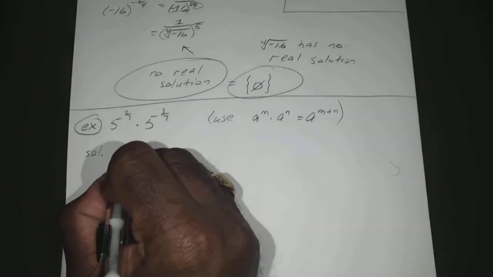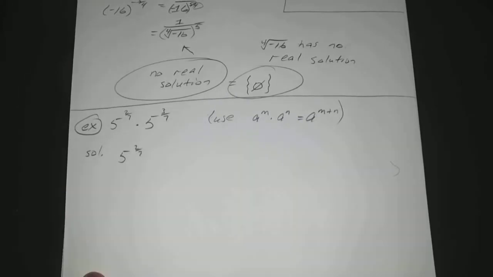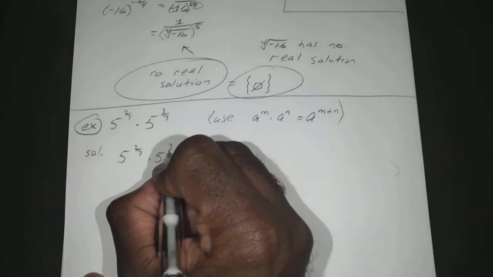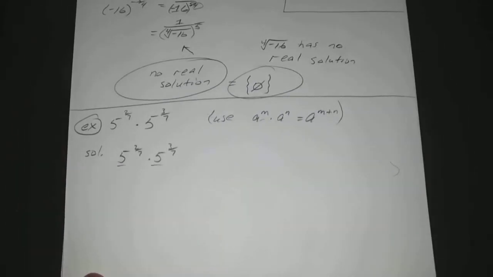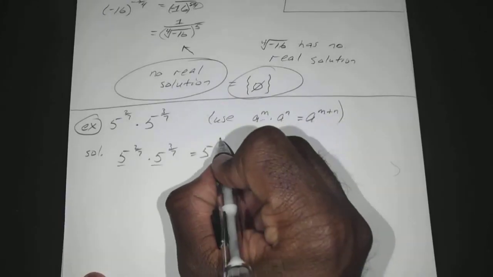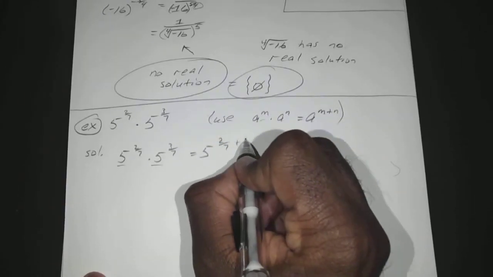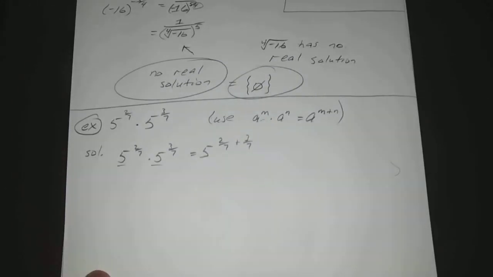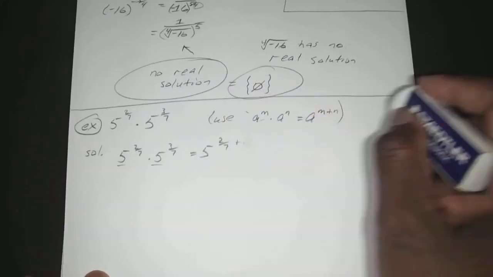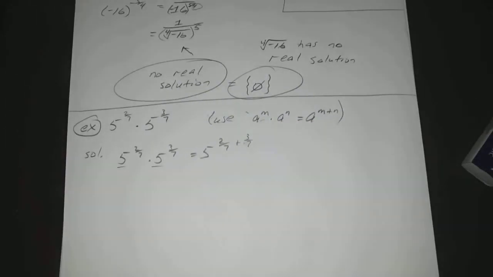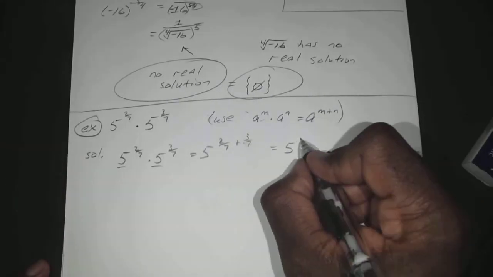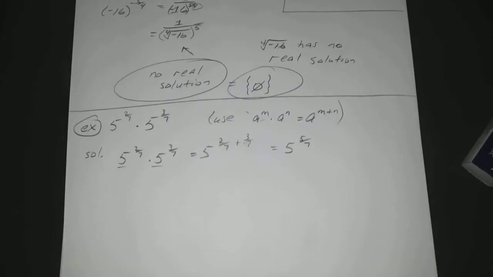Here you have the same base, so you just add your exponents: 2 over 7 plus 3 over 7, which gives you 5 to the power of 5 over 7. You can't solve that without a calculator, so we just leave it there.